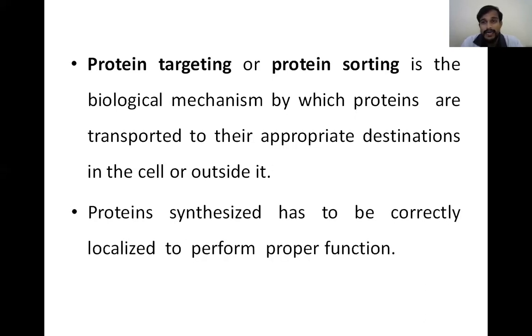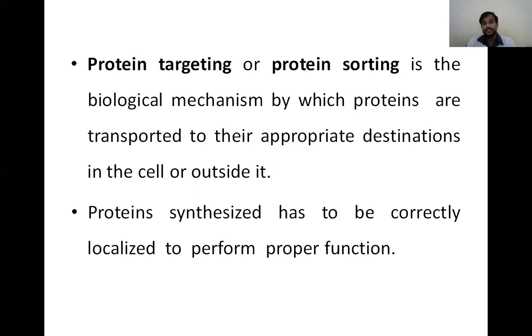So protein targeting is nothing but translocation of protein from the cytoplasm to any other organelle or outside the cell to perform their function. That is known as protein targeting. Protein targeting is necessary for the fulfillment of the function of the protein. And what are proteins? All the biochemical substances that are produced are proteins only.